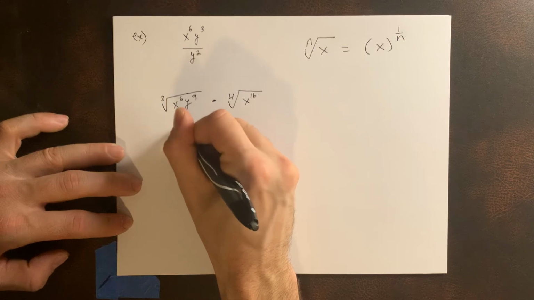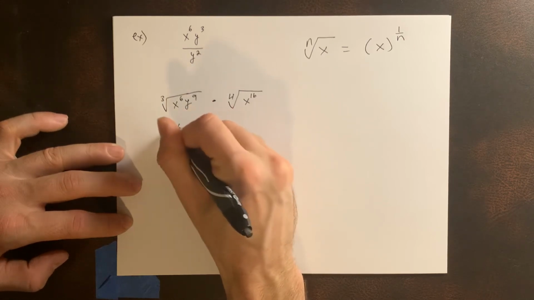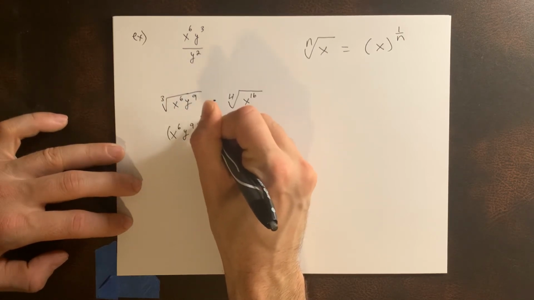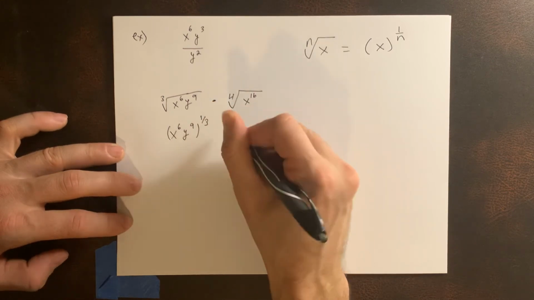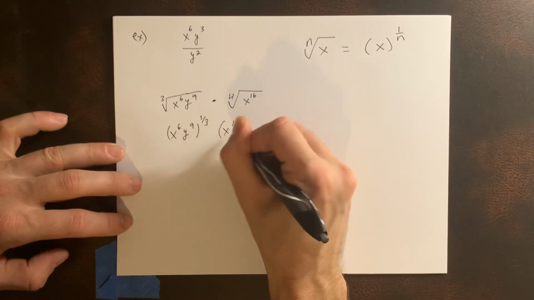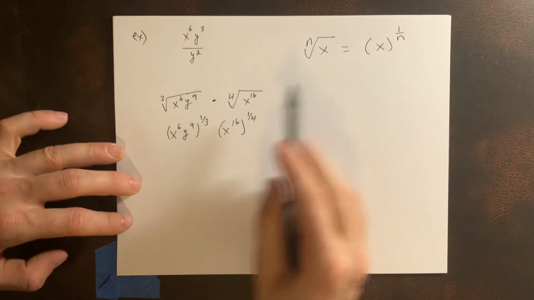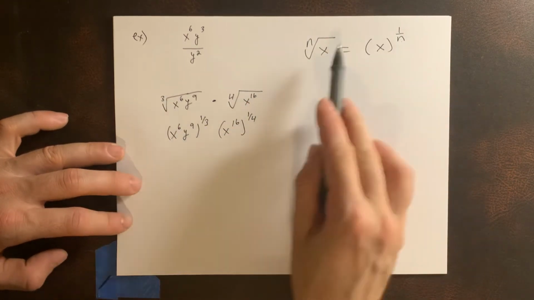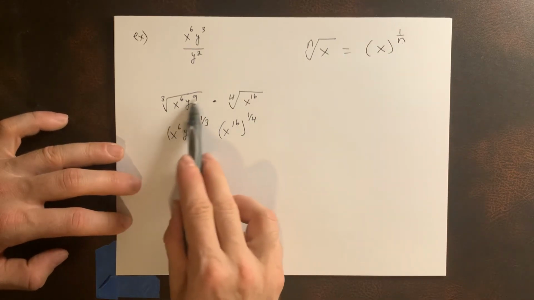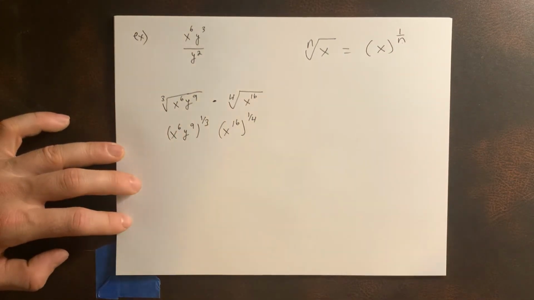So this is going to be x to the 6, y to the 9. And this piece right here is just going to be x to the 16, 1 over 4. So here this 4 turns into a 1 over 4, this 3 turns into a 1 over 3, and this inside piece just goes into the parentheses.